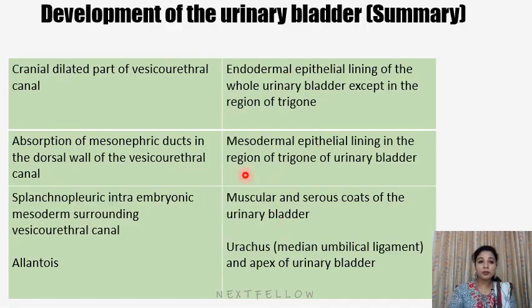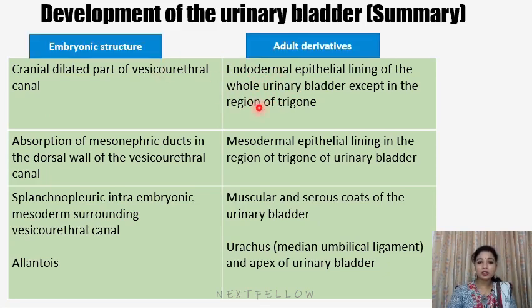So this is a summary of urinary bladder development. The cranial dilated part, called the vesicourethral canal, develops from endodermal epithelial lining. In adults, it forms the endodermal epithelial lining of the whole urinary bladder except in the region of the trigone. The absorbed part of the mesonephric ducts into the dorsal or posterior wall of the vesicourethral canal forms the mesodermal epithelial lining in the region of the trigone of the urinary bladder.